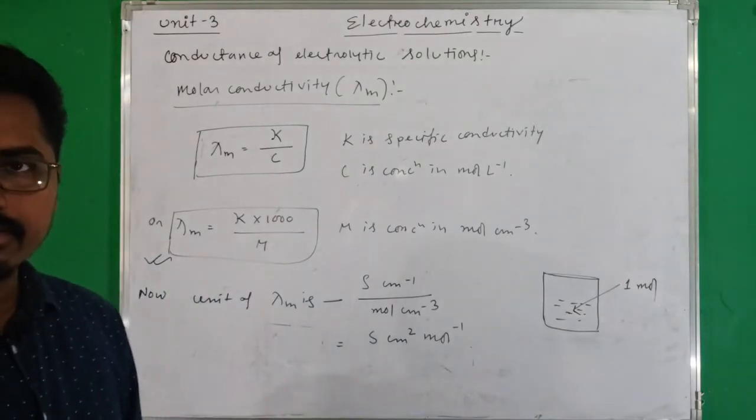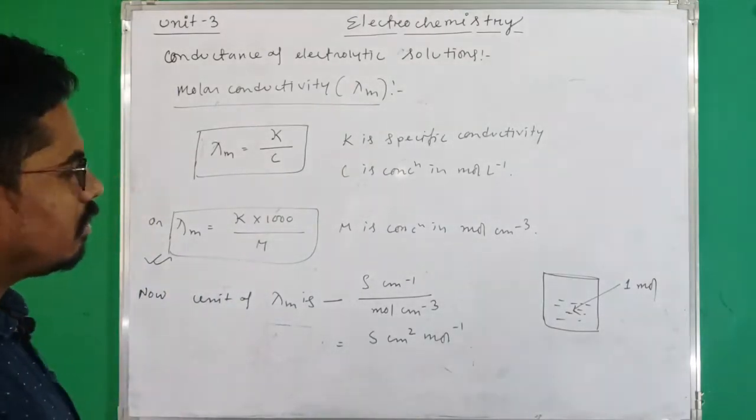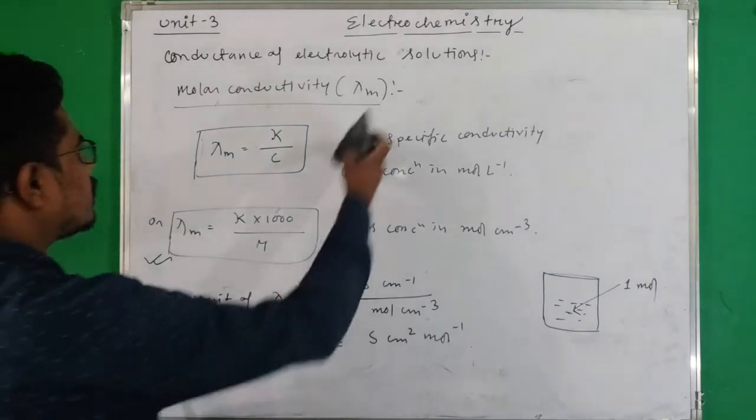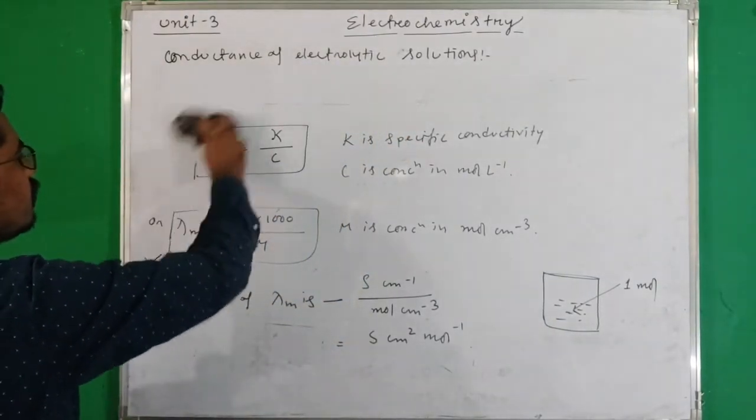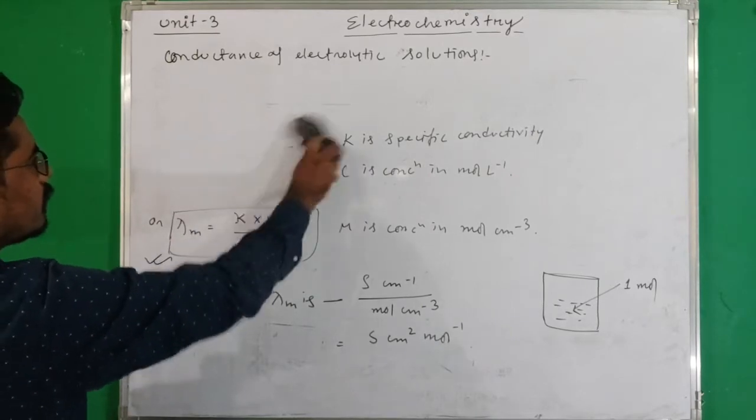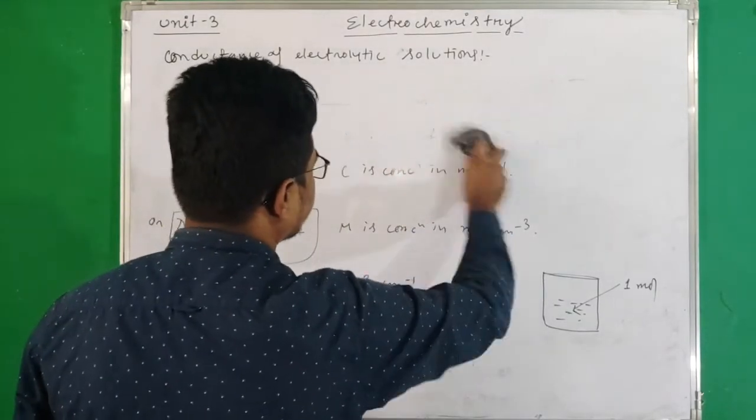Now we have to discuss how both molar conductivity and specific conductivity vary with dilution. That means with decrease in concentration.